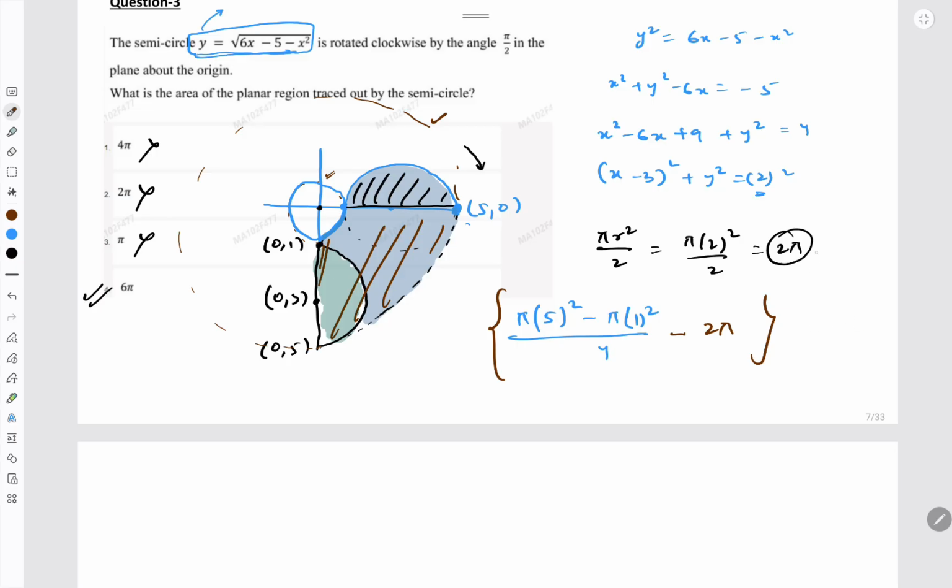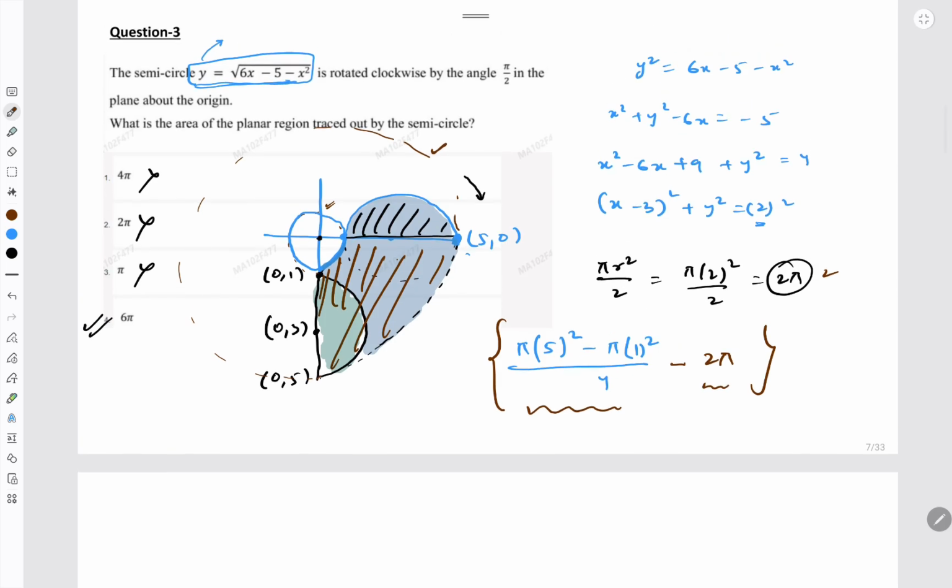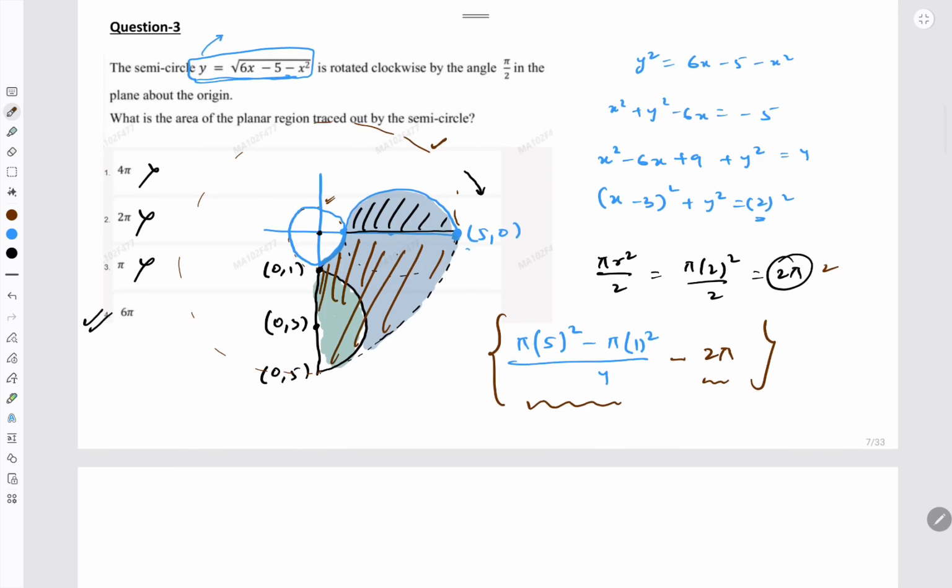Because this is the area of that quarter track, and from that I am subtracting the semicircular area. So this is the area of this remaining brown track that I have to add to 2 pi.